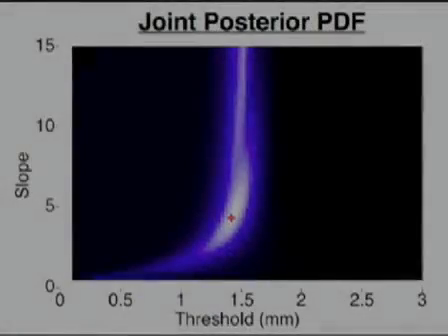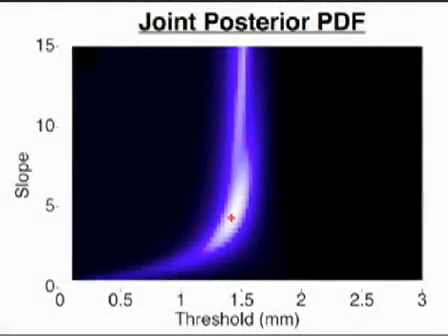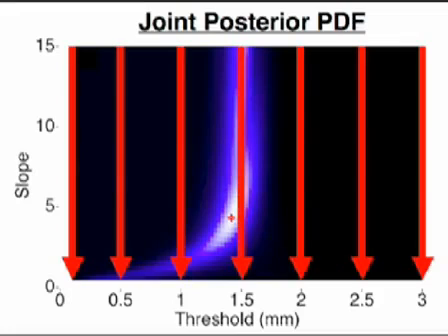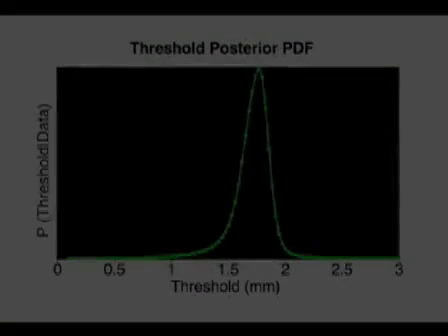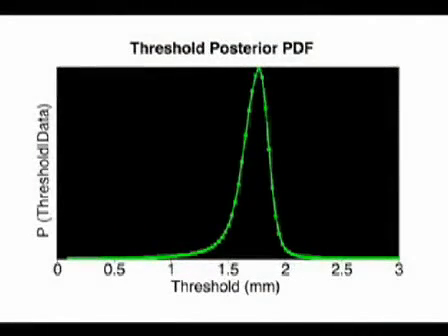Now that we've finished collecting our data, we can make a better estimate of our parameters. Since our dependent measure is the threshold, we can marginalize over the slope parameter to give the most accurate estimate of the threshold parameter. Shown here is the posterior PDF of the threshold parameter.